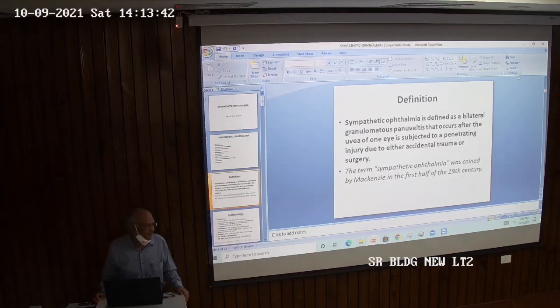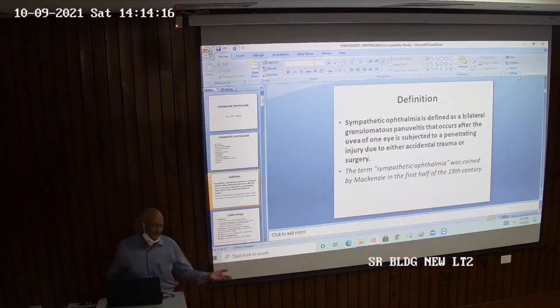So in this granulomatous panuveitis, the granuloma is formed. We can see the Dalen-Fuchs nodules are formed. These are just like granulomas. And panuveitis, what is this terminology? We have seen in the classification anterior uveitis, intermediate uveitis, and posterior uveitis.